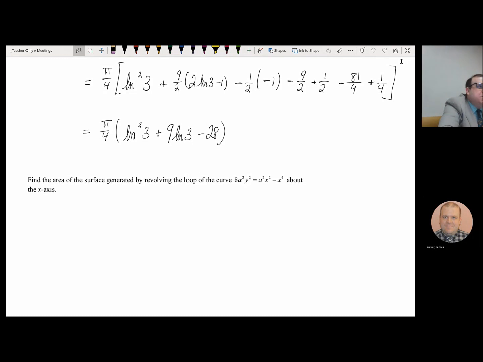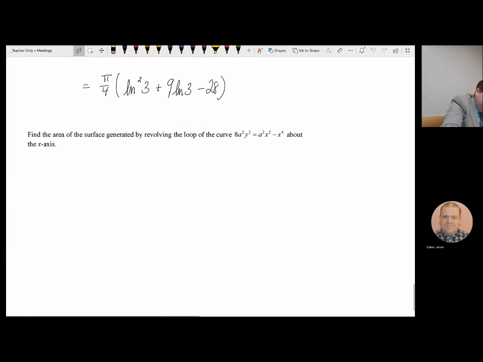Since we're rotating about the x-axis, we need to write this as a function of x. So y equals... there's our function y.